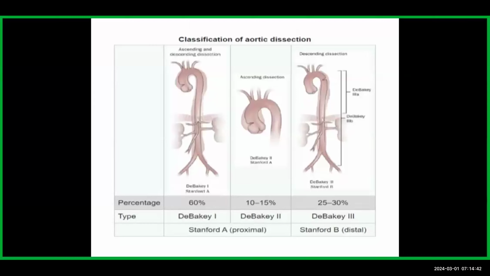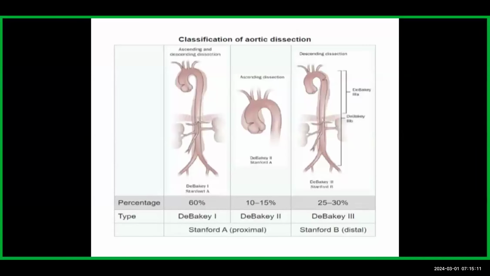Then the DeBakey type 2 classification involves more of the proximal part of the ascending aorta as well as the aortic arch, while the DeBakey type 3, which is equivalent to Stanford B classification, involves the whole of the descending aorta. So we're seeing the areas where we have the rupture, or rather the tear.